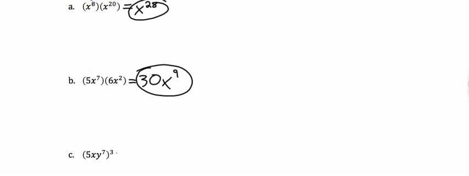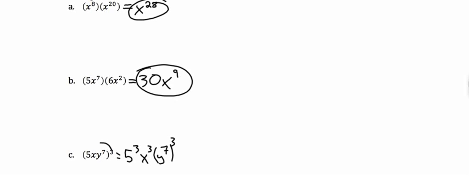C is a little bit of a tricky one. You are allowed to distribute this exponent, okay, because it's all multiplication on the inside. So we can distribute that exponent. We get 5 to the 3rd, x to the 3rd, y to the 7th to the 3rd. And I'm going to put that in parentheses just so it's clear. It's a double exponent.